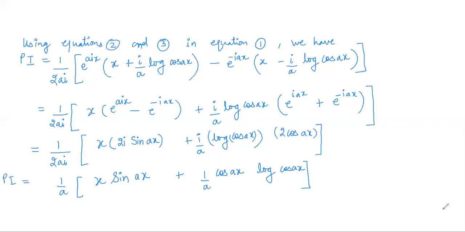So the solution will be the sum of both complementary function and particular solution. So the dependent variable in this problem is y.